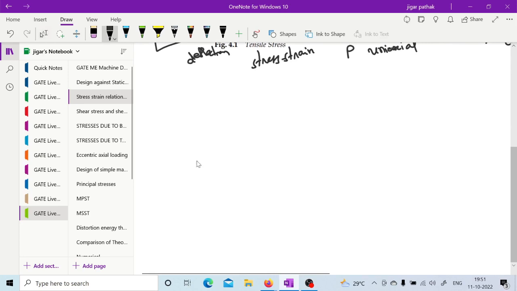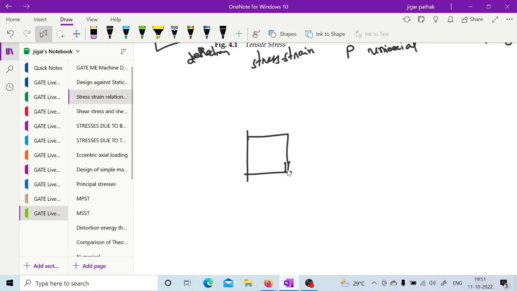One second. So here if it is going to act like this, the sigma t, the area on which it is acting is perpendicular to this force. Are you getting what I am trying to say? In case of plate, it is perpendicular. Yes, sir. So is it clear?